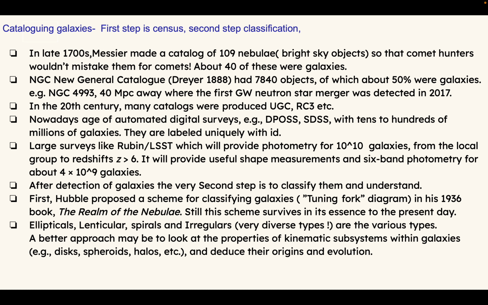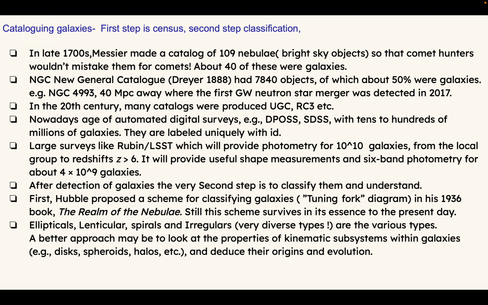First, Hubble proposed a scheme for the classification of galaxies. Hubble's classification scheme is popularly known as the tuning fork diagram. It was first introduced in 1936 in Hubble's book, The Realm of the Nebulae. Still, the scheme survives in essence to the present day.